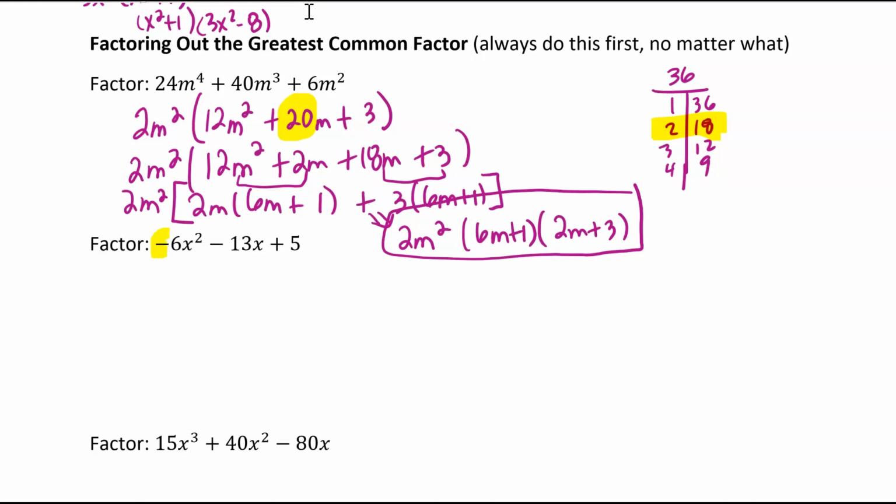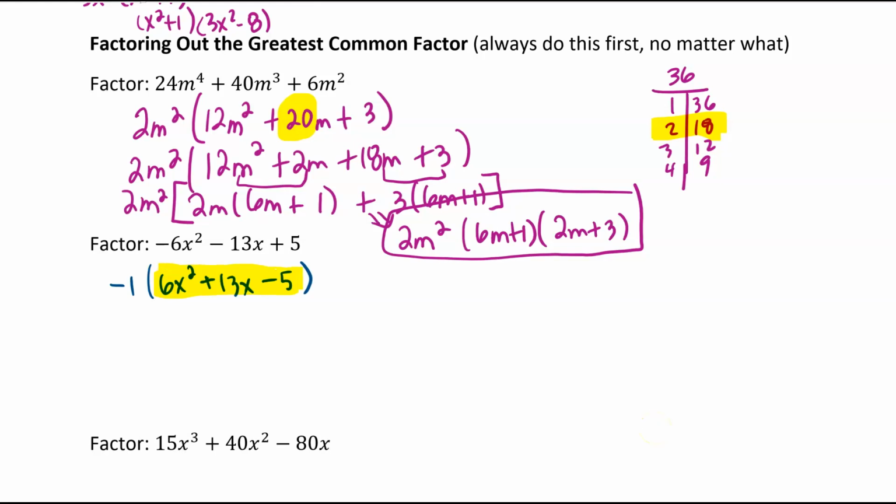Notice again, we have a negative in the front. What you could do is factor out that -1 first, and let's say that's your GCF. Then all of our signs will switch on the inside of that parenthesis, and then you're going to work with this trinomial here.